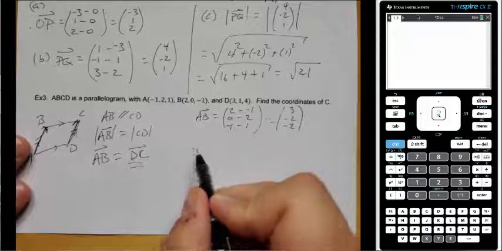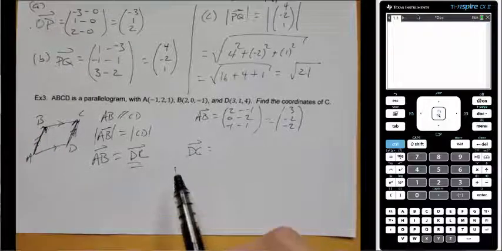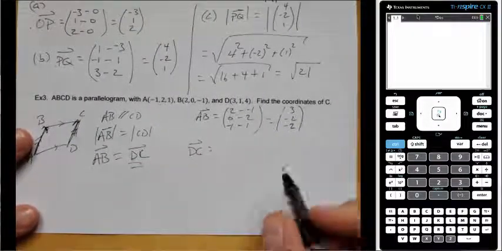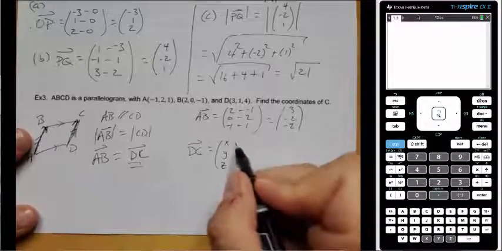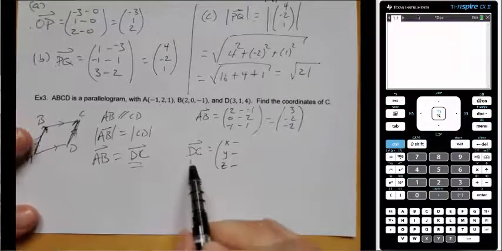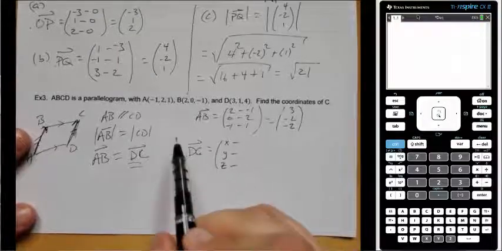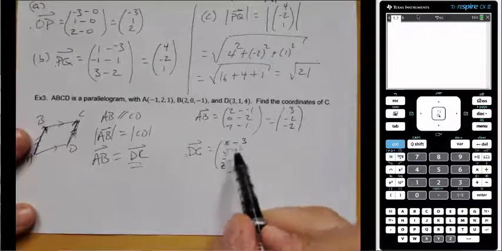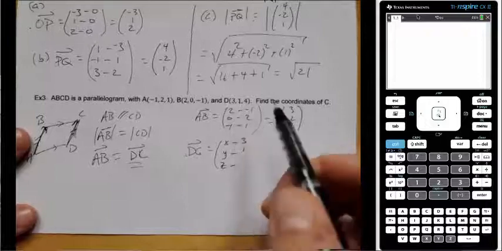DC is terminal minus initial, so it's going to be C minus D. I don't know what the coordinates of C are, so I'll leave them as x, y, and z, and I'll subtract D from each of those. So terminal minus initial, C minus D.